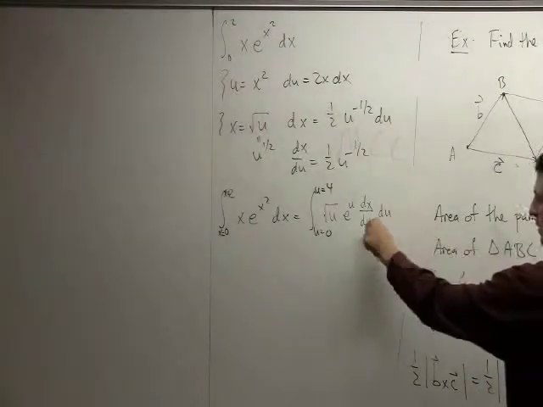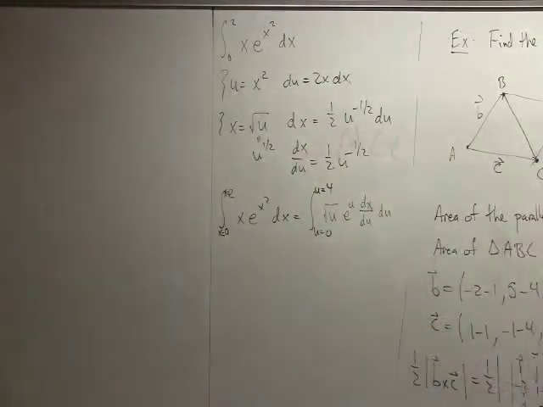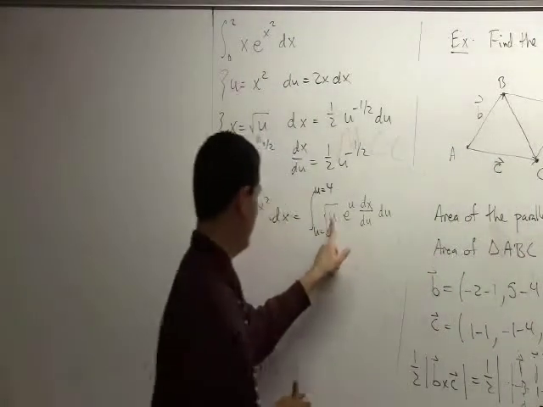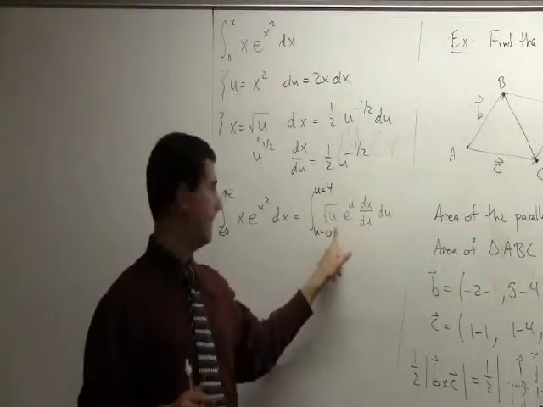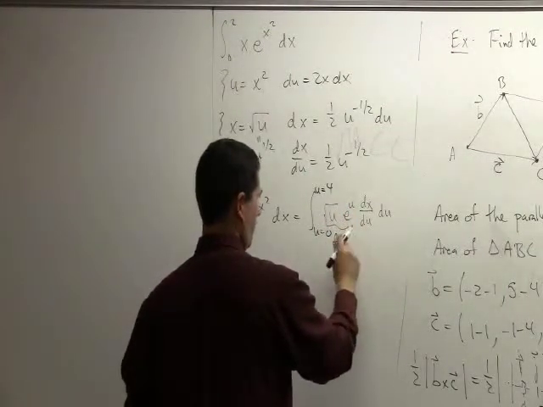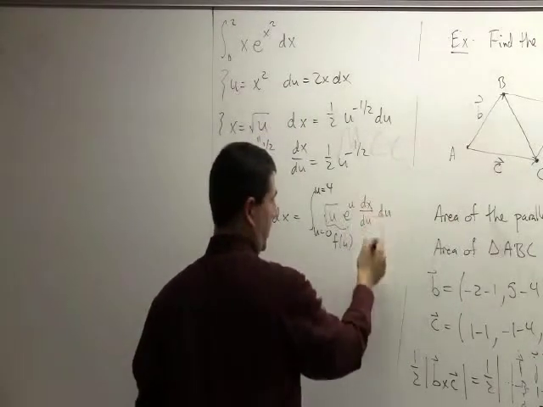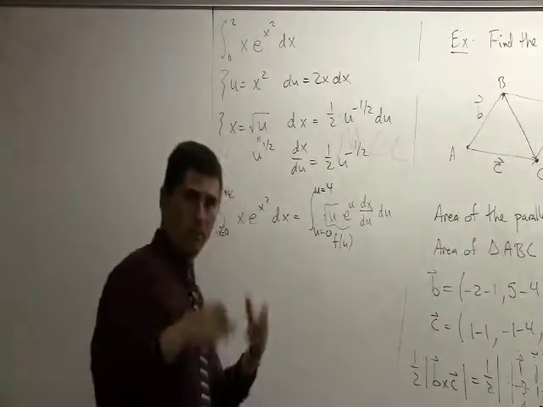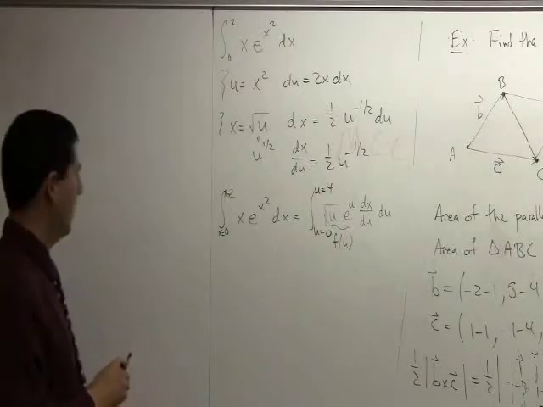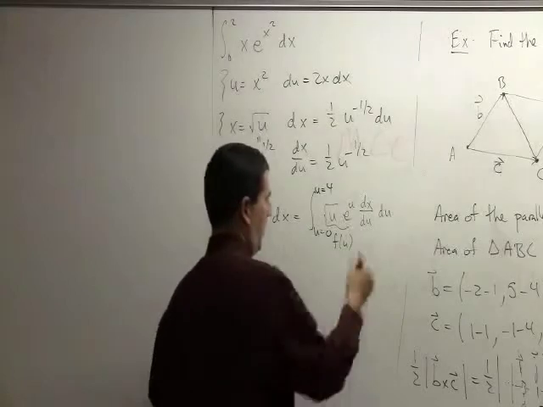And you'll see those will cancel, and there's our dx back. Okay, so I could write it like this. So everything now is a function of u. So I have here some f of u, and this is a dx/du, and this is a du, and everything's functions of u. Okay, so this is quite nice.